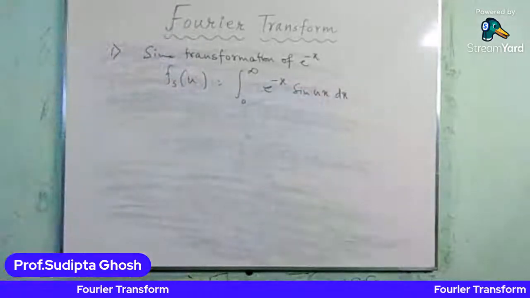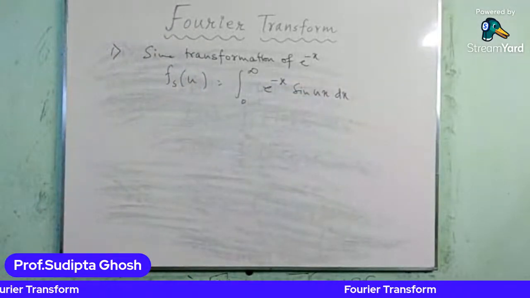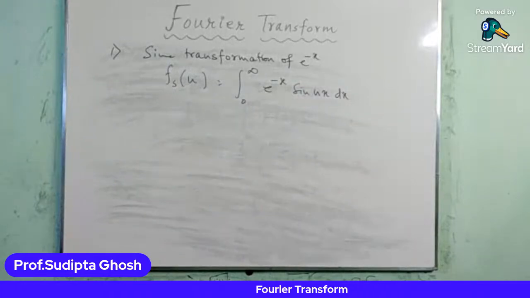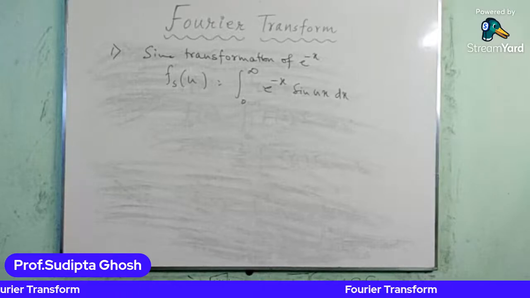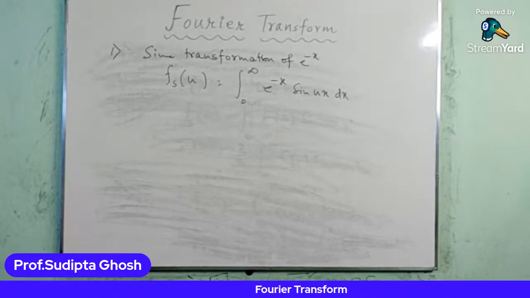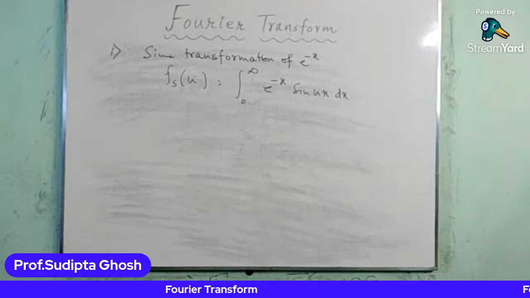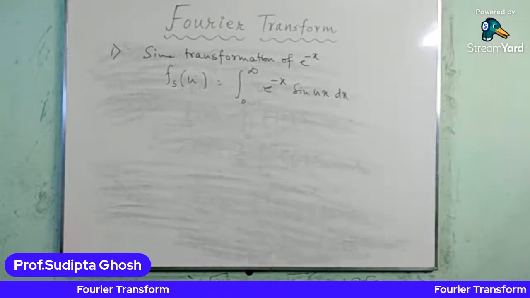Okay, so this will be the formula. If otherwise mentioned, then the limit of x should be given, and if the limit of x is not given, then you have to take it as the infinite Fourier sine transformation.